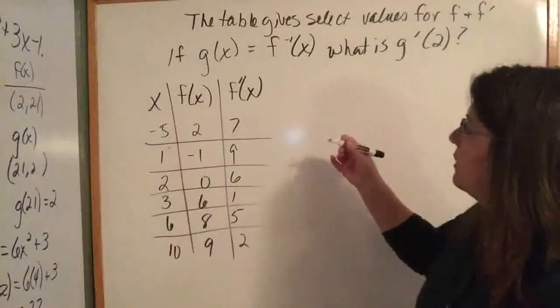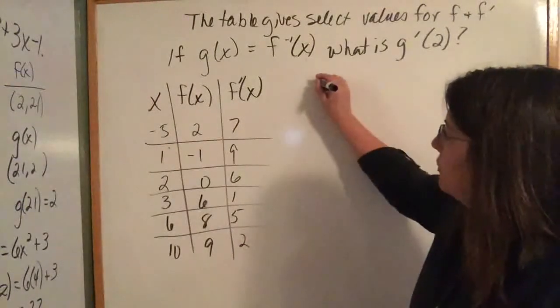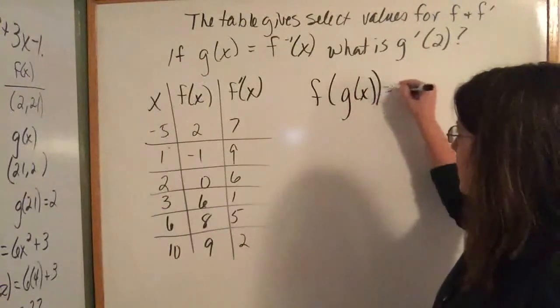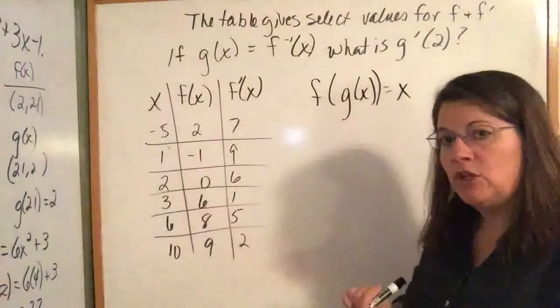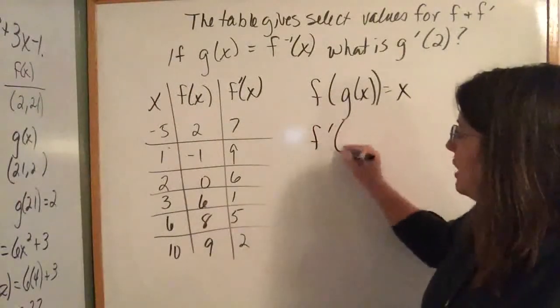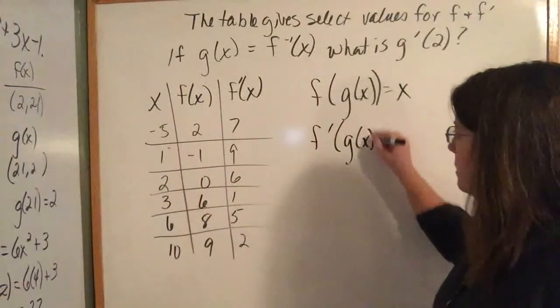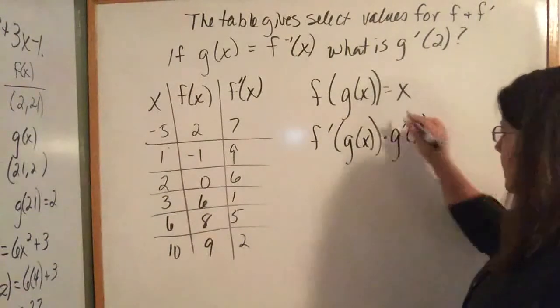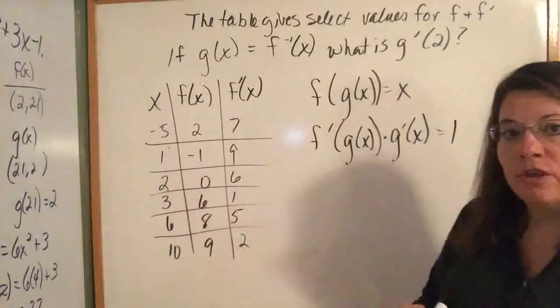So we know that since f and g are inverses, f of g of x has to be equal to x. So if I find the derivative of each side, I would use the chain rule on the left, and the derivative of x is just 1.